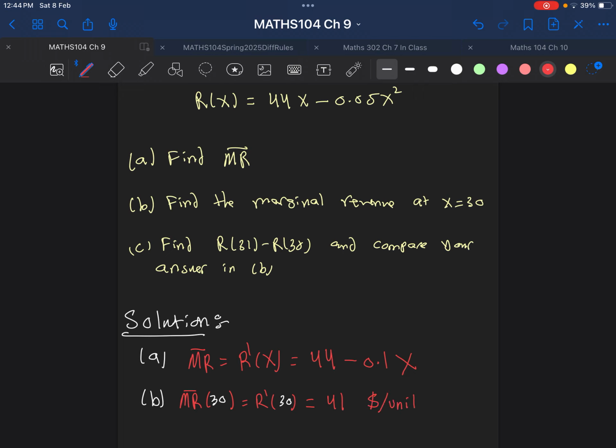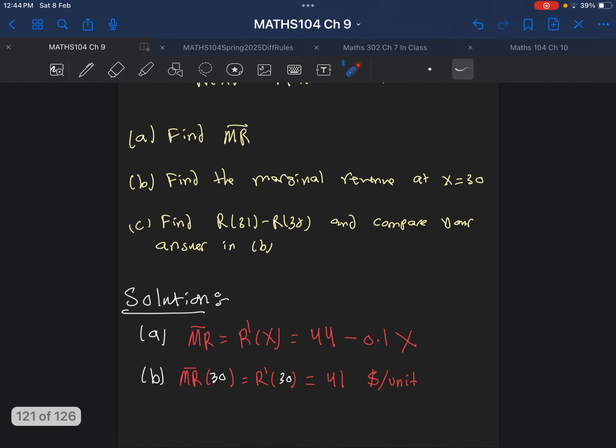It is $41 per unit, which means if I sell 31 units, my revenue will increase by approximately $41. And that's exactly what we need to find. Is that really true? If we take R31 minus R30, do we get 41? Which means the revenue after we sell 31 minus the revenue of 30, which is the change in the revenue, is it exactly 41?